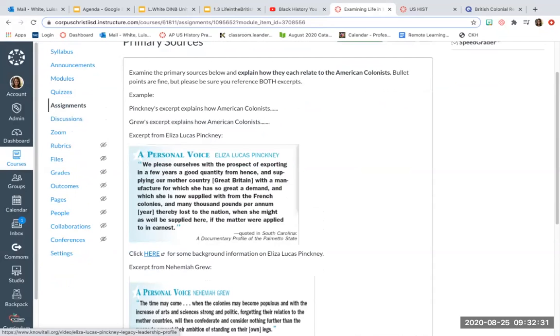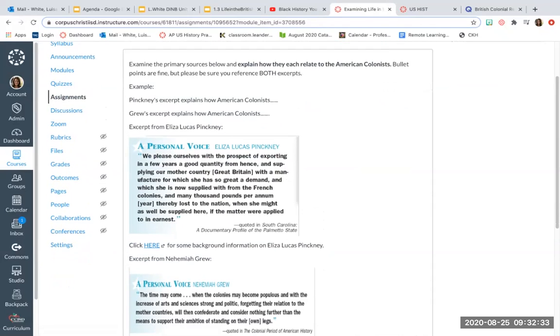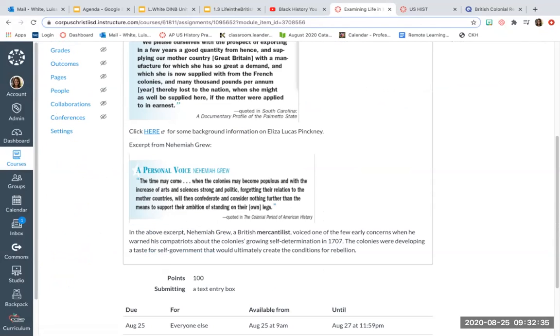I gave you a website for some more background information on Eliza Pinckney. And here, I kind of gave you a little bit of a clue when it comes to this particular quote. In the above excerpt, Nehemiah Grew is a British mercantilist. Okay, so he is all about mercantilism. He is all about the colonies making money for the mother country. And he is voicing some concern.